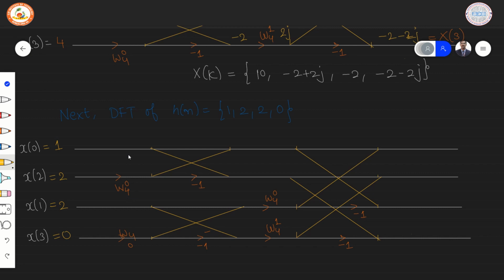So there is no requirement for scaling because multiplication by W4 to the power of 0 is also 1. Therefore, the inputs are taken as they are.